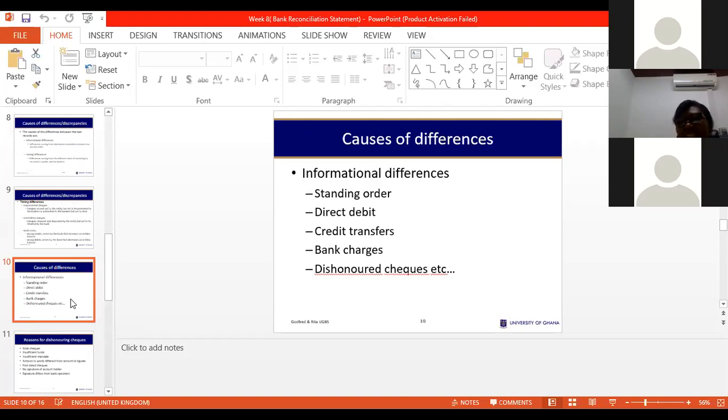A standing order is just a written instruction to the bank to pay a fixed amount of money on a regular basis. Sometimes the banks will do it, but you as a business entity don't know when they are going to do it. You may know the amount, but you don't know when they will put it through. So until they do it and you see it, you cannot enter it into your records. Two, a direct debit.